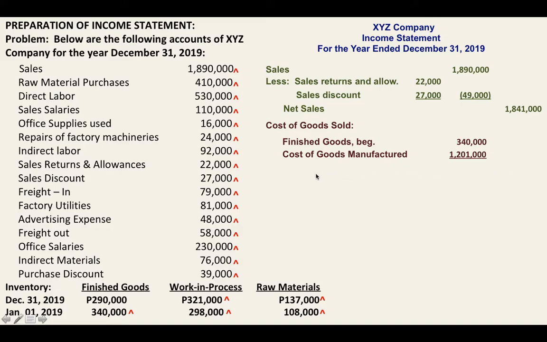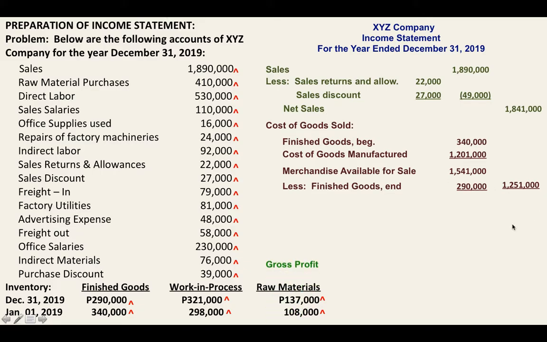And this way you will get your merchandise available for sale. Then we deduct the finished goods, 290,000, and that will be your cost of goods sold. Net sales less cost of goods sold will give you your gross profit.